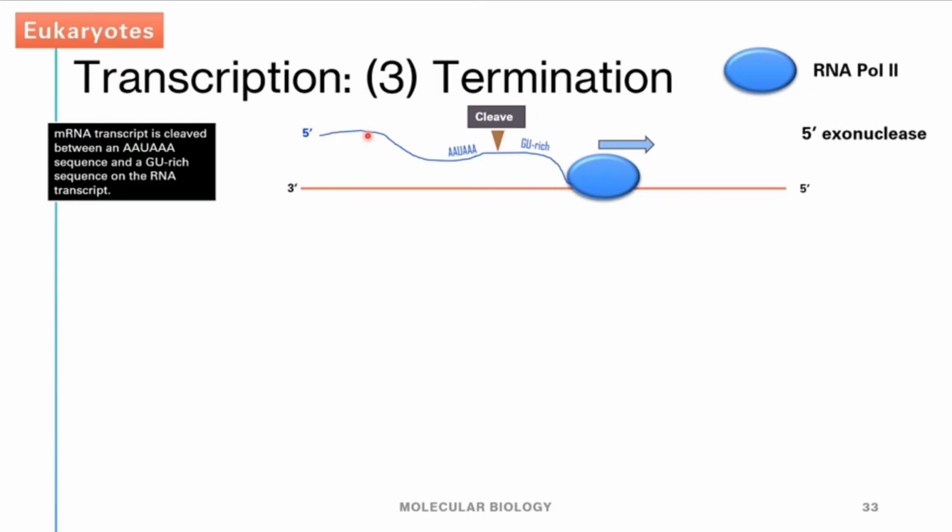As you can see, there's a region on the RNA that has the AAUAA sequence, and we have the cleavage site, which is a little bit after the AAUAA sequence, right before the GU-rich sequence. Even after transcribing this sequence, RNA polymerase II is going to continue to transcribe along the DNA, creating all these sequences that will eventually be digested away.